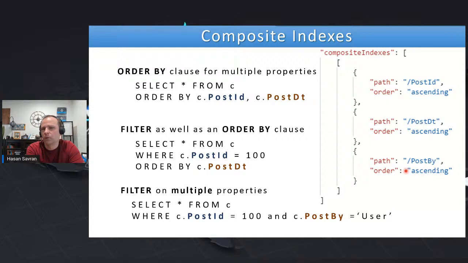This will make your request units much lower if you hit the right ones. Order is important. For example, if you say order by post date descending, and it doesn't match the signature here, it will not use the composite index. So you want to be sure that the orders match your queries.